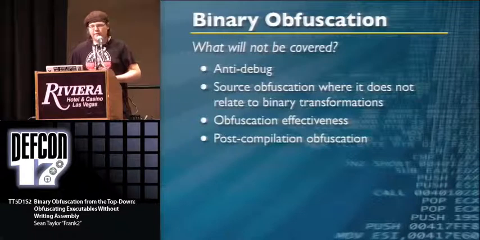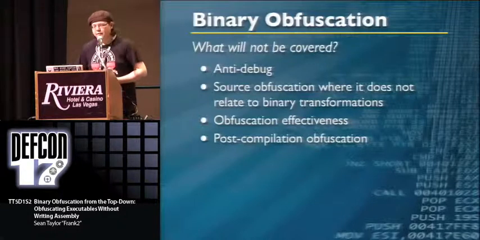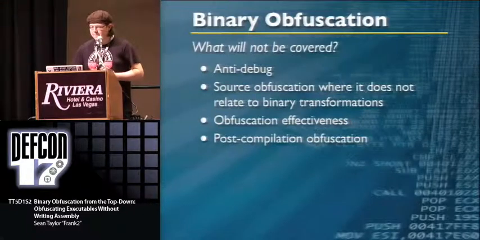The effectiveness of obfuscation as a technique to prevent or frustrate reverse engineering is outside the scope of this talk as well. And any sort of post-compilation obfuscation is also off topic here.